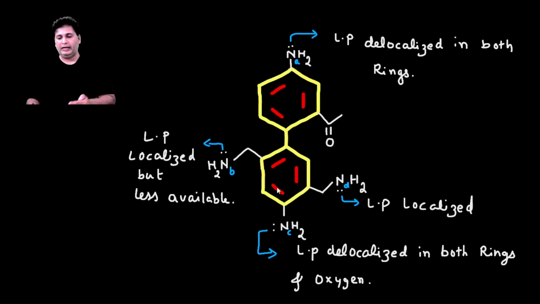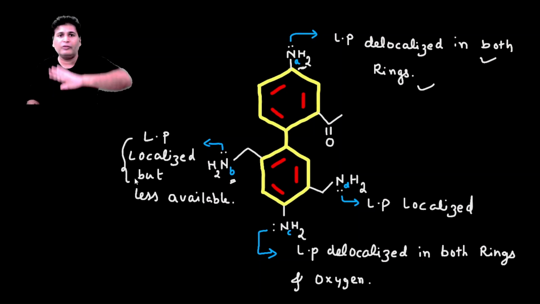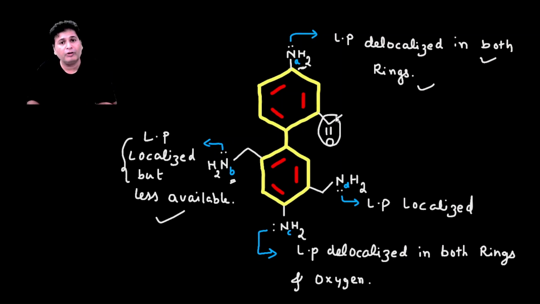So after taking every point into consideration, let me finally list all the features and compare. In A, the lone pair is getting delocalized in the two rings. In B, the lone pair is localized because of lack of conjugation. It will not get delocalized. However, it is less available, because I have already explained in the previous slide that because of the conjugation of C double bond O, a plus charge will come right there and it will pull electrons, and because of that the availability will be lesser.